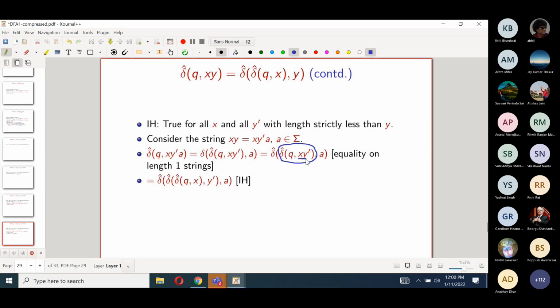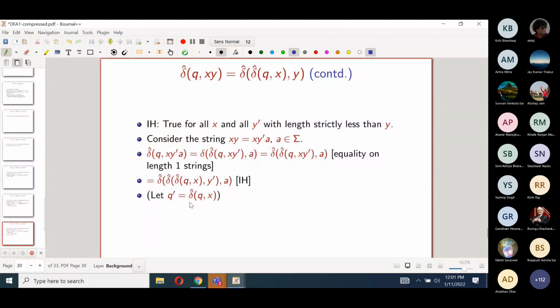It can be applied since x y dash is strictly less than y. So this expression becomes delta hat of delta hat qx comma y dash. So we broke x y dash into the right hand side expression for delta hat q x y dash, and I kept a.